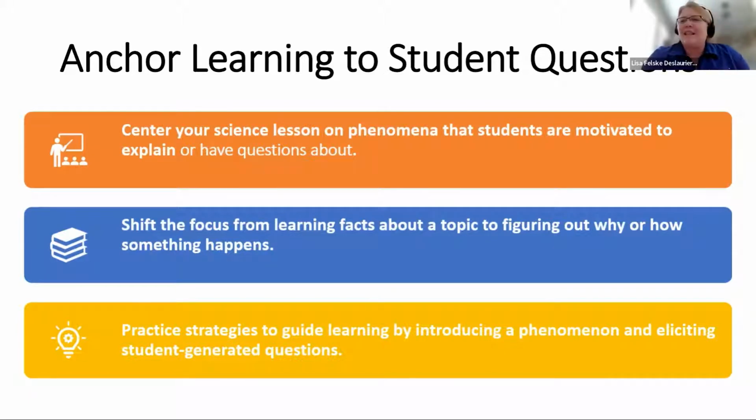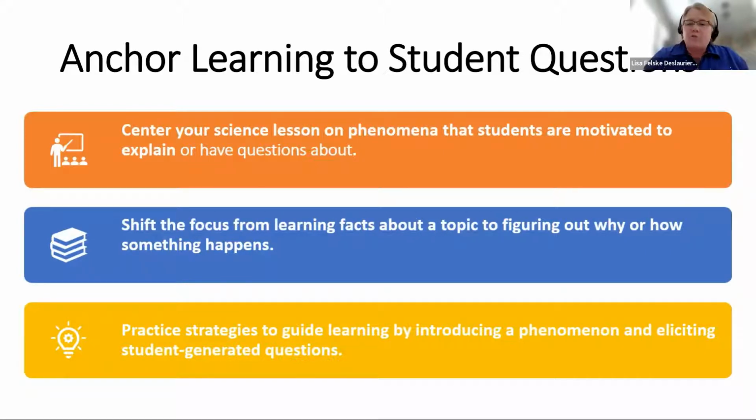Why didn't we do this last week? You plan all of these engaging labs and the kids are not making the connection to the content. By using a driving question board, the kids come up with a question, and you steer them toward the lab you want to do with the questions. The focus shifts from just learning facts, or doing a lab they don't understand the connection to, to trying to figure out why or how something is happening.